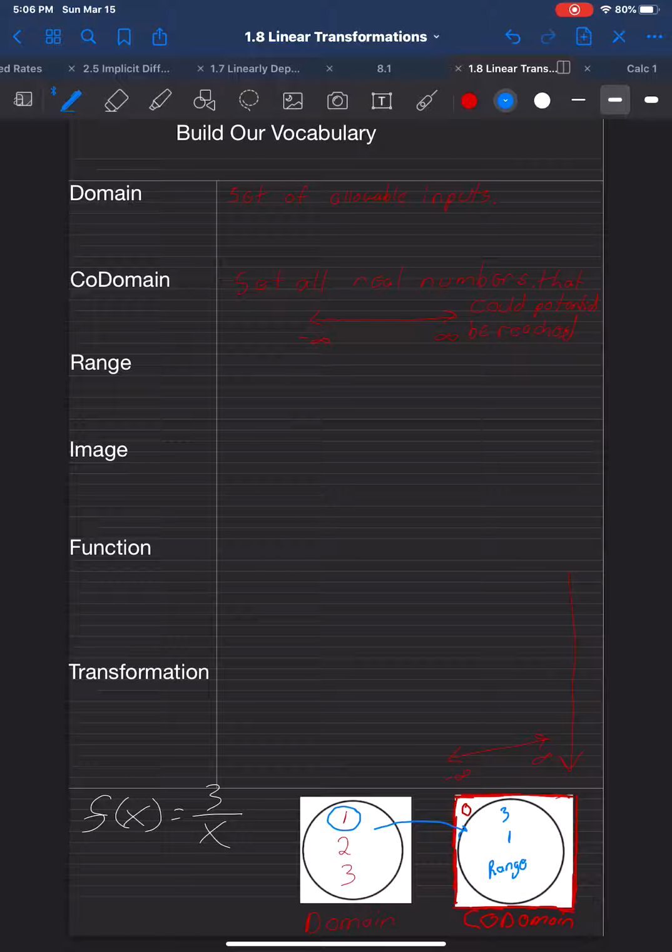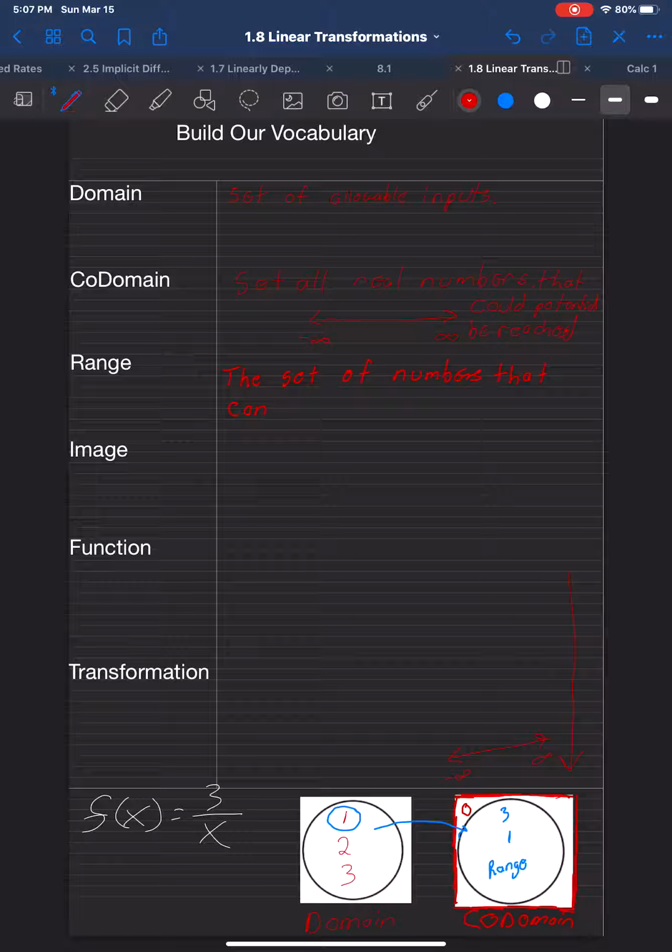So I'm going to go ahead and write what I said for range. So in this case, we're going to say the range is the set of all numbers, or let's say the set of numbers that can be reached from the domain.